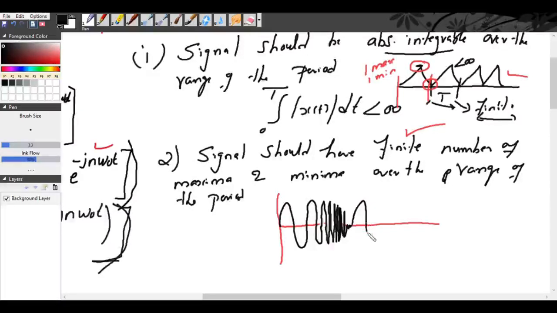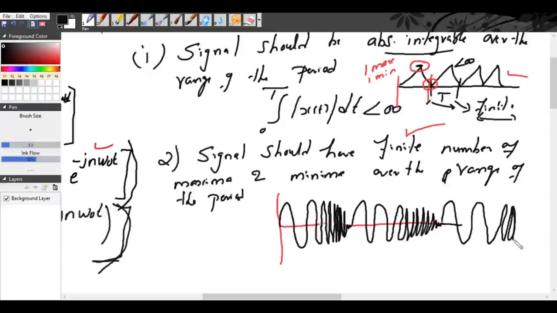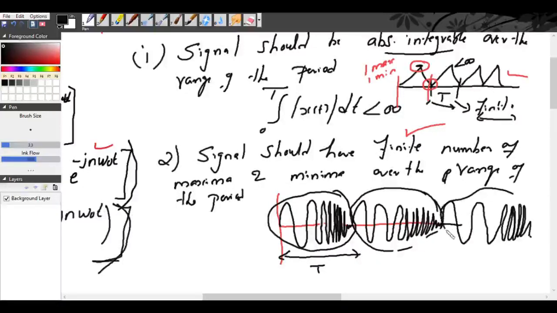Again the signal is repeating itself, again the same kind of oscillation. Again it repeats, again the same oscillation. This is nothing but a periodic signal, the period is T. It has a fundamental period which is repeated again and again. But in this region we cannot find a finite number of maxima and minima. So this signal violates condition number 2.